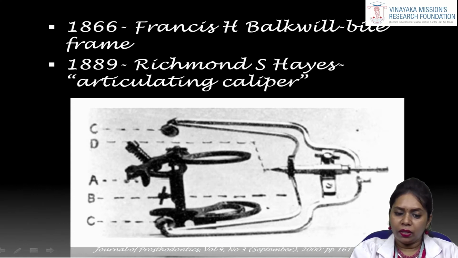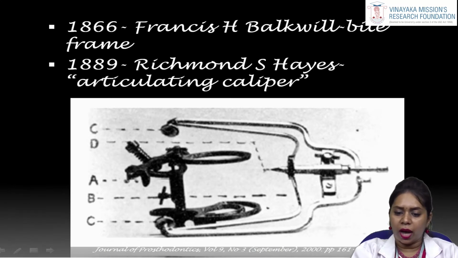He also revealed that he had constructed a bite frame by means of which we can mount the lower model in the same position in the articulator so as to have a relatively same relationship of the model to the hinge axis.